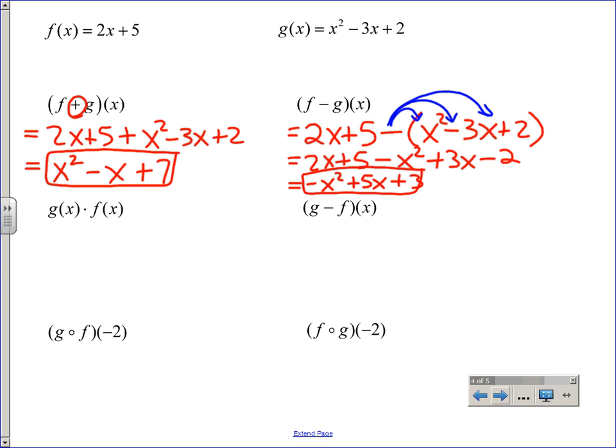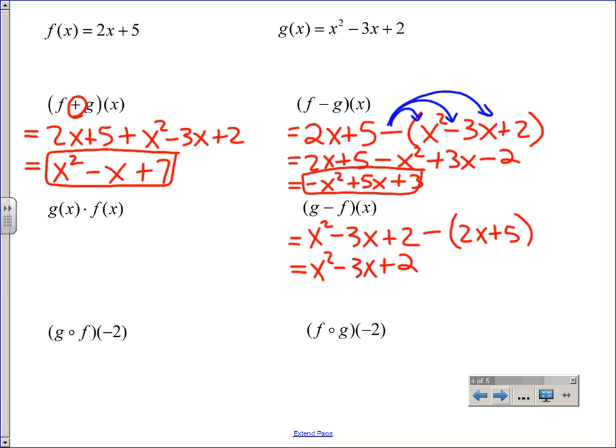I'm going to go ahead and do the problem directly below it, which is g minus f. And all you need to do is write them in the other order. So if we write g first, then minus parentheses, and write f. So that, again, we will not forget to distribute. So this does not change the beginning, and then it will be minus 2x, and then minus 5.